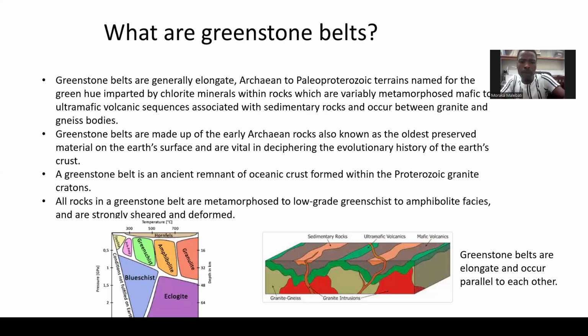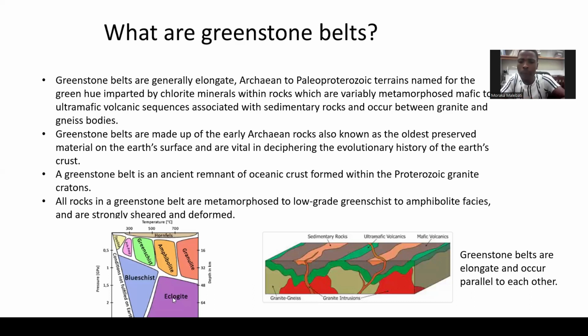A greenstone belt is an ancient remnant of oceanic crust, which formed within the Proterozoic granite cratons. All rocks in greenstone belts are metamorphosed to low-grade greenschist to amphibolite facies and are strongly sheared and deformed because they underwent a series of deformation, because they are old.